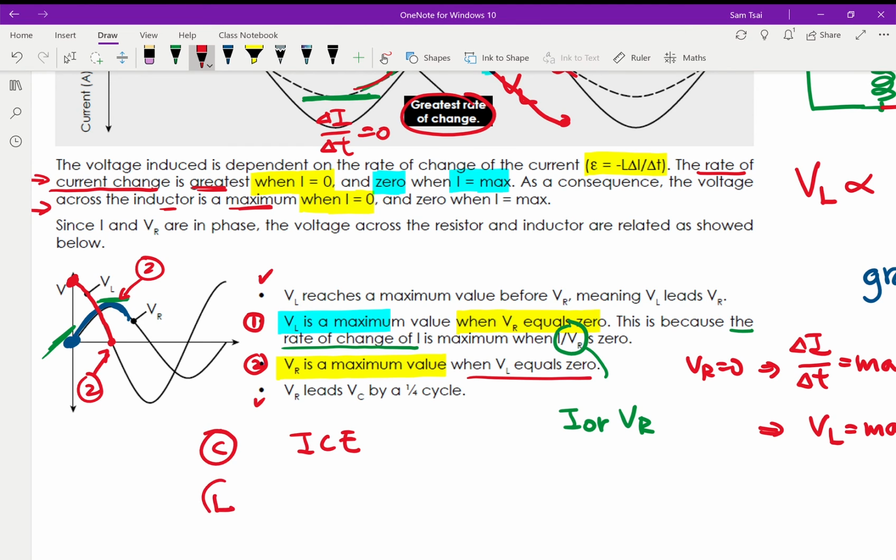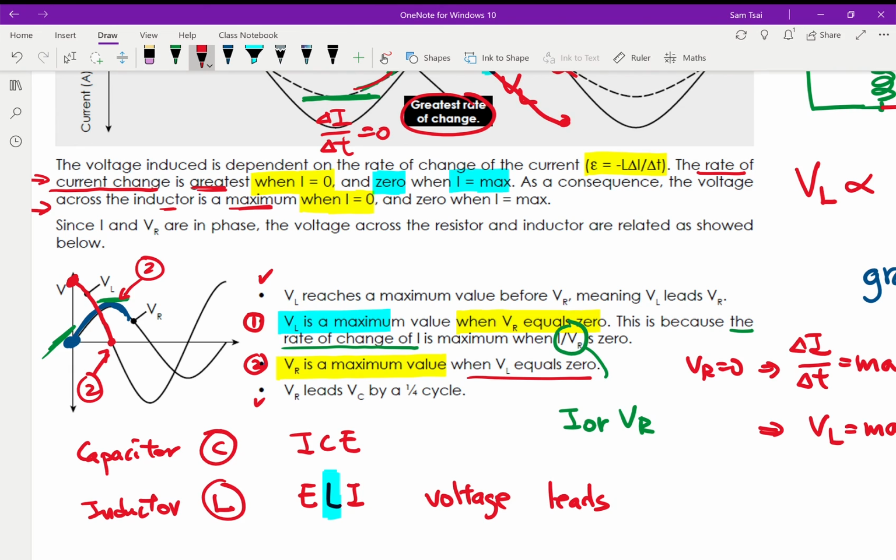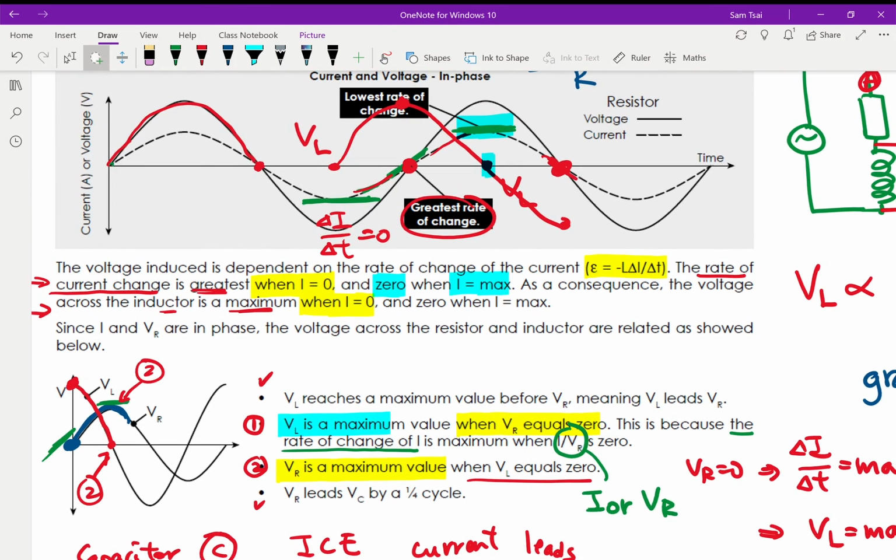Now we are in the inductor L, and we have a name for it: ELI. For the inductor, the voltage leads. And for the capacitor, current leads. I hope this makes sense.